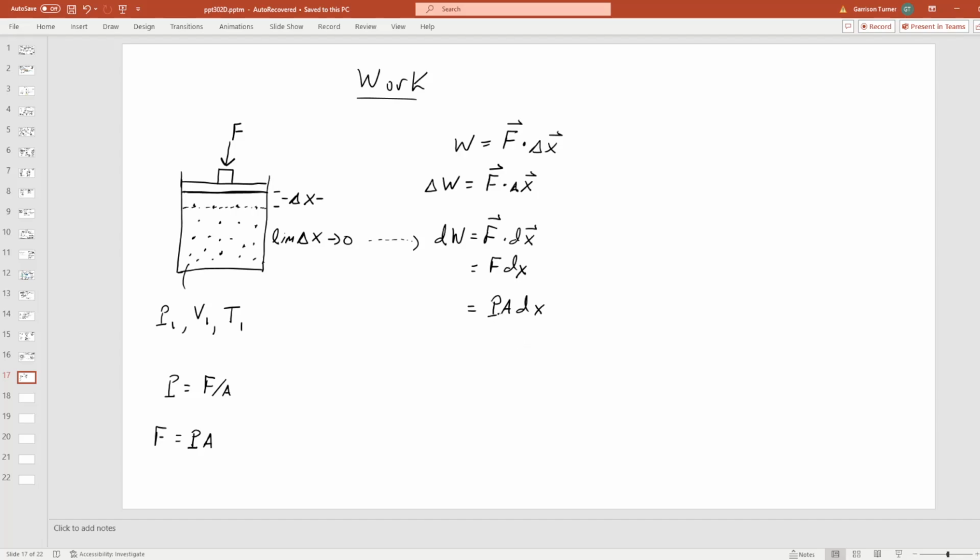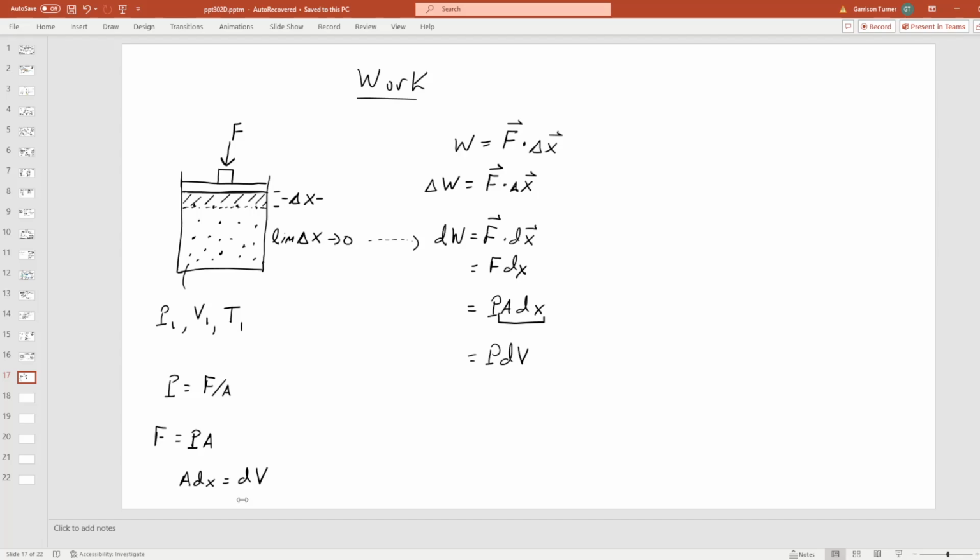But A dx is the volume of the displacement of the piston. That is the volume the piston was displaced. So this leads us to an important result.